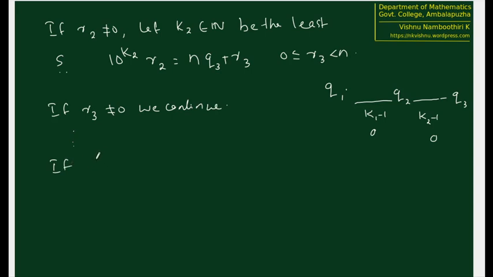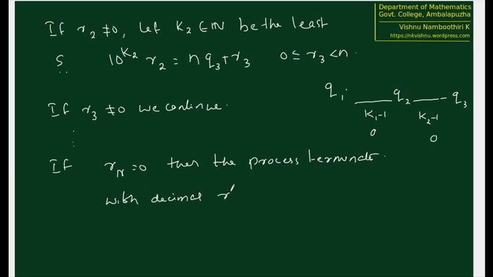If at some rn it becomes 0, if we get some rn equal to 0, then the process terminates there. And the decimal representation is the following.